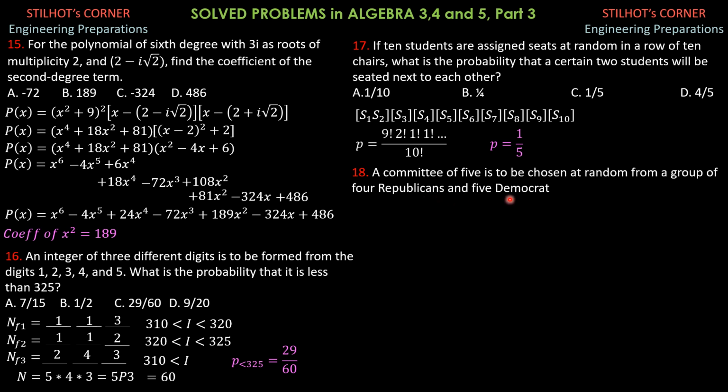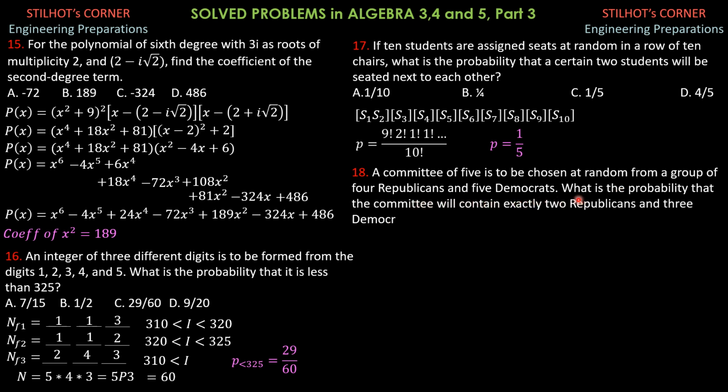A committee of 5 is to be chosen at random from a group of 4 Republicans and 5 Democrats. What is the probability that the committee will contain exactly 2 Republicans and 3 Democrats or all Democrats? Because of this or, then we have to add. So 2 Republicans and 3 Democrats is the selection of 2 Republicans from 4 and 3 Democrats from 5.